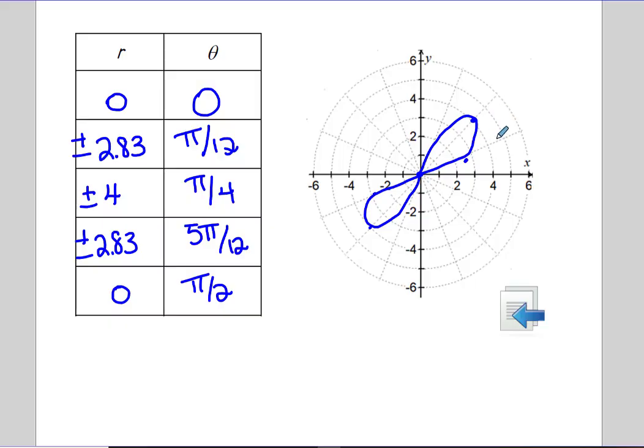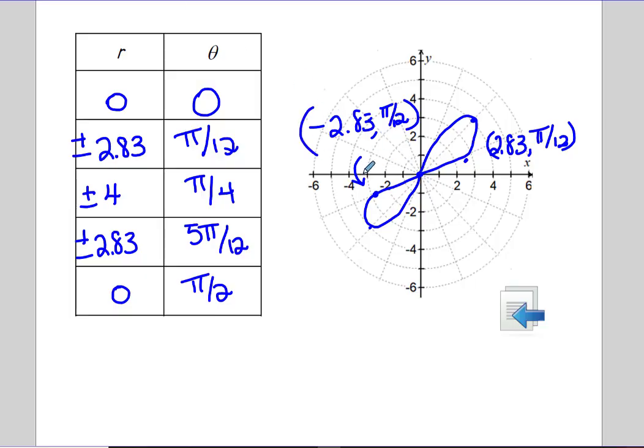So we have 2.83 at pi over 12. We have down here, we have negative 2.83 at pi over 12. So remember how we were doing our positive and negative angles in the first lesson.